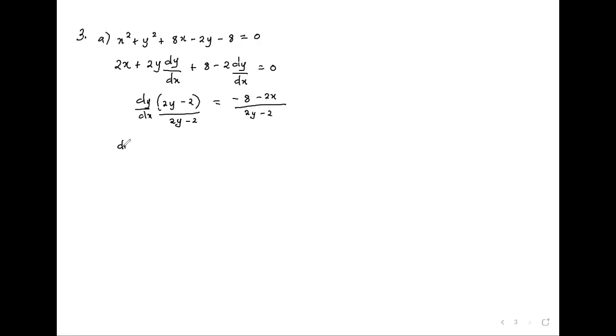So that dy/dx becomes negative 8 minus 2x over 2y minus 2. So we are done. It is visible that the 2 can be factored out, but then for what? Nothing.